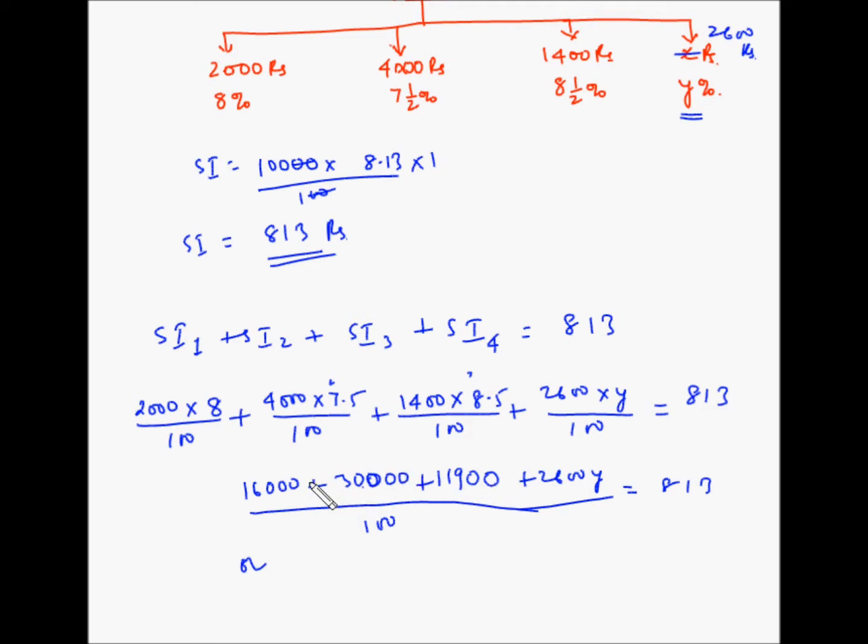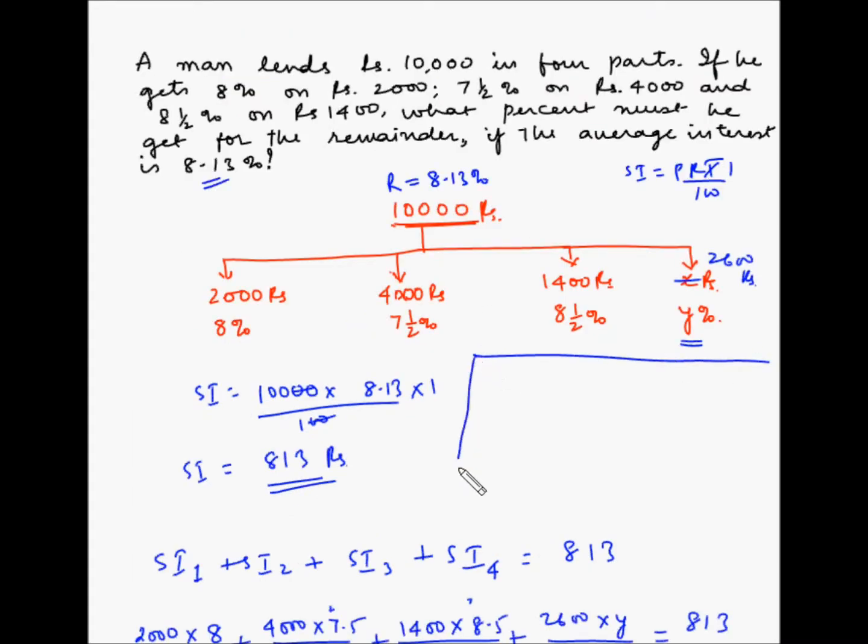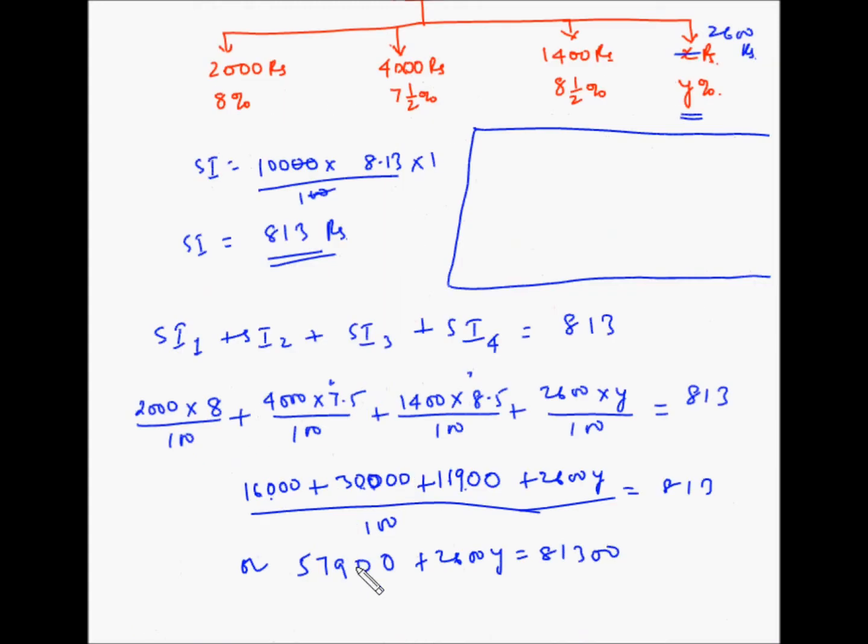So 0 plus 0 plus 0, 0, 0 plus 0 plus 0, 0, 9 plus 0 plus 0, this is 9, 1 plus 0 plus 6, which is 7, and 1 plus 3, which is 4, plus 1, 5, plus 2600y is equal to 81300.